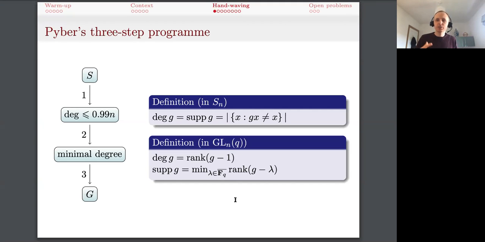Step 2 says once you have an element of degree a bit less than n, think about how you're going to get from that element to an element of minimal degree. In the case of the symmetric group or the alternating group, that means getting to a 2-cycle or a 3-cycle. In the case of SL_n(Q), it's worrying about how you're going to find a transvection. Finally, step 3 says once you have this element of minimal degree, get from that to the rest of the group.